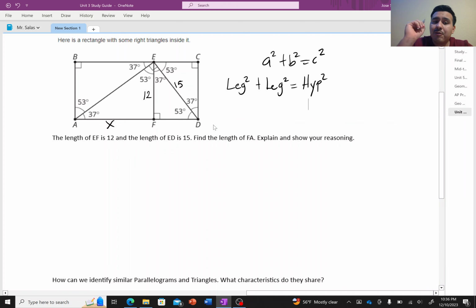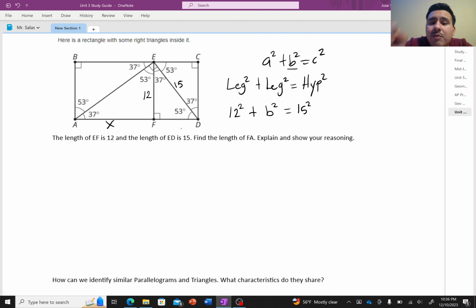So in my formula, one of my legs for sure is 12. So it's going to be 12 squared plus, do I know the length of FD? No, there is nothing here. I don't know that value. So I'm going to use b squared in there. So plus b squared is equal to 15 squared.